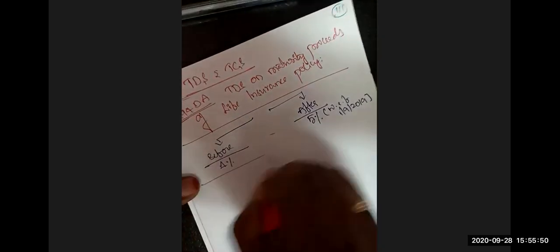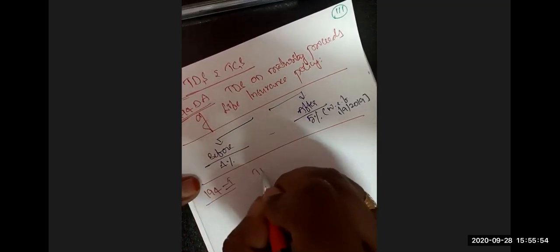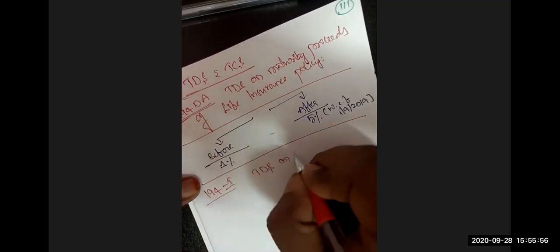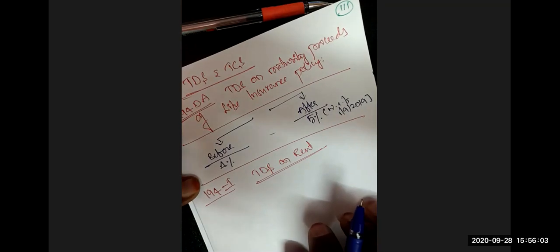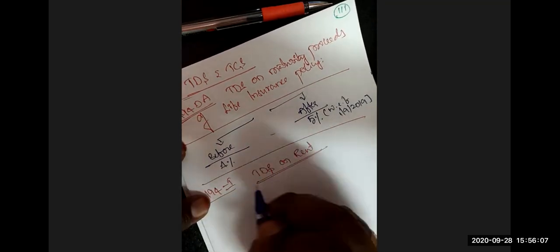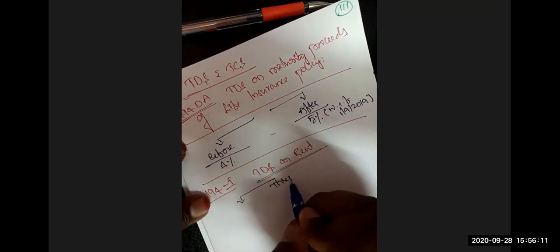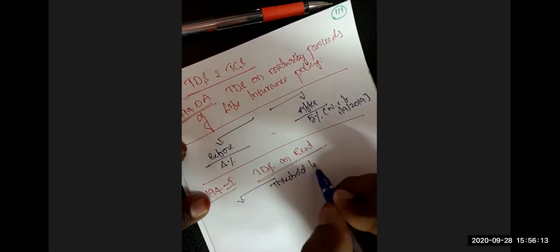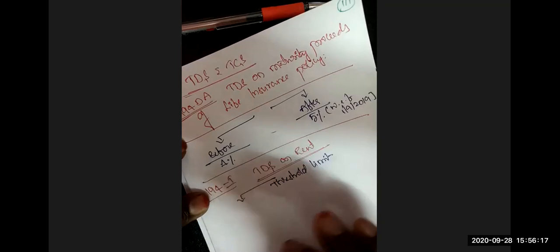Next, 194I, TDS on rent. Here the amendment is with respect to the increase in the threshold limit, the limit up to which TDS is not required to be deducted.